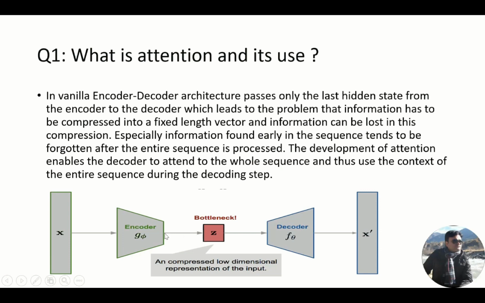What happens inside the encoder is that the last hidden state is processed as an input to the decoder. In between, it is compressed to a fixed length vector, and due to this strategy, information loss may happen.